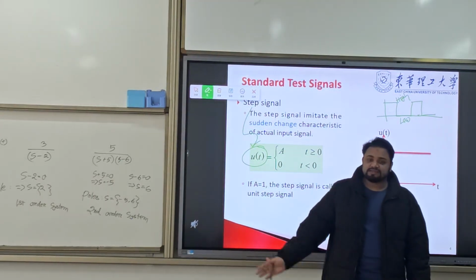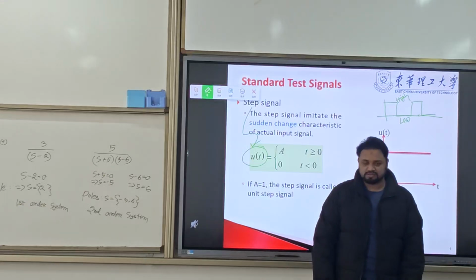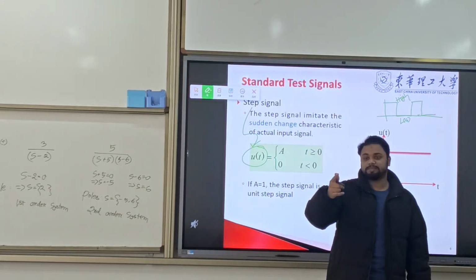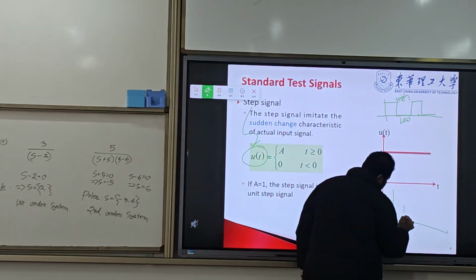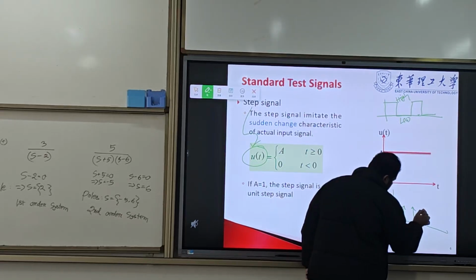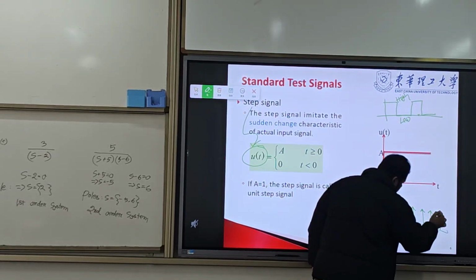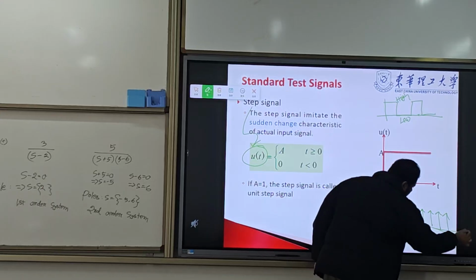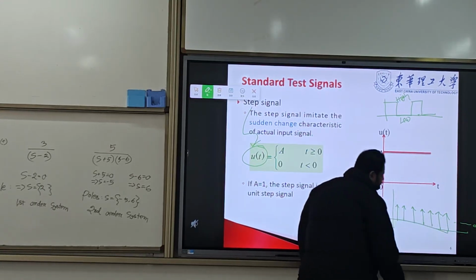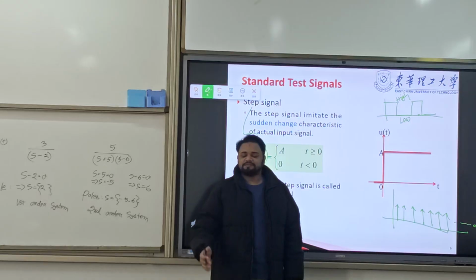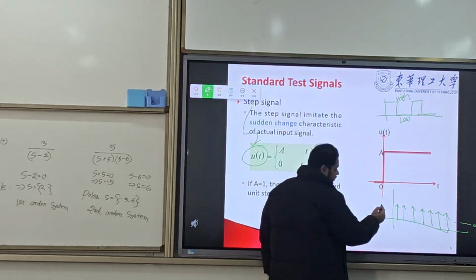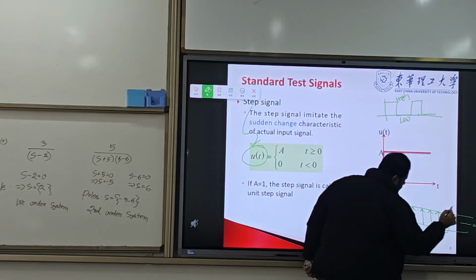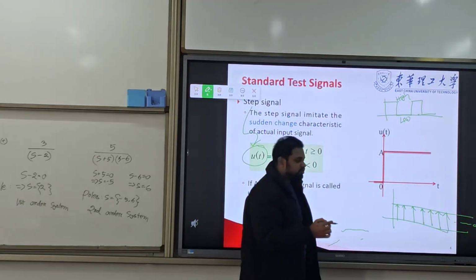Step signal happens if there is a train of impulses, not only one impulse. What does it mean? Train of impulses, look: 1, 2, 3, it goes on to infinity. If there is a train of impulses, then we can draw it in this way, because all have the same amplitude.